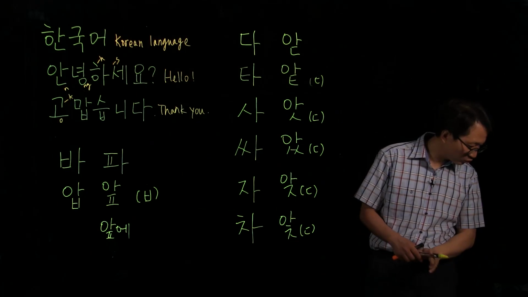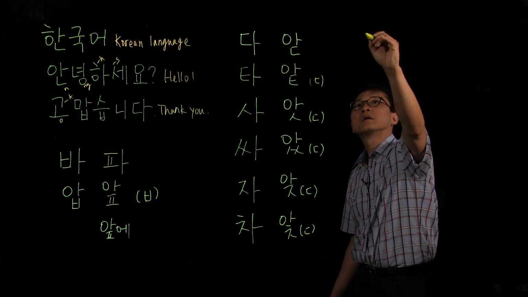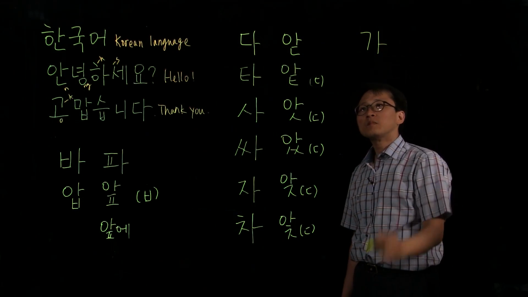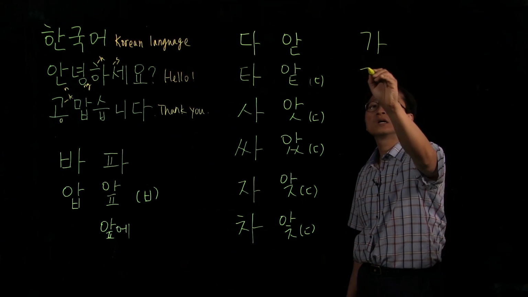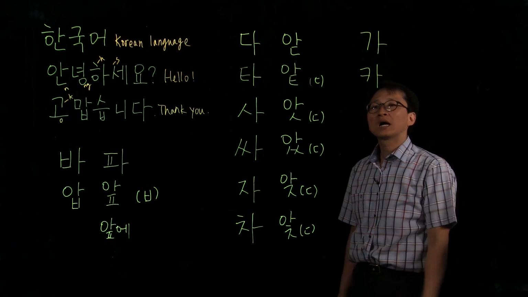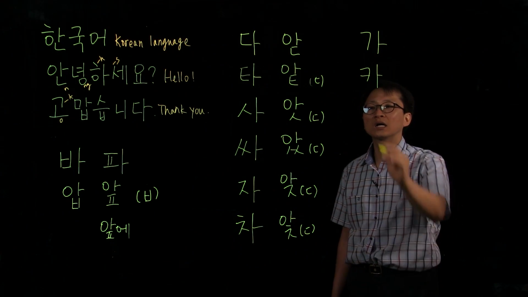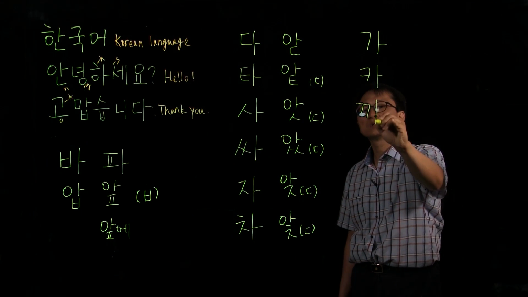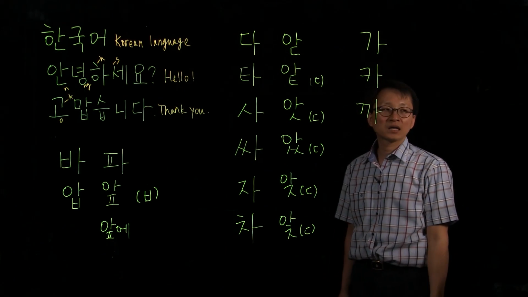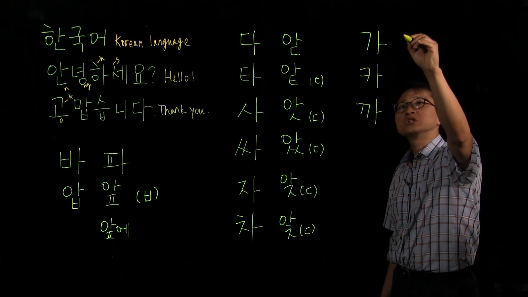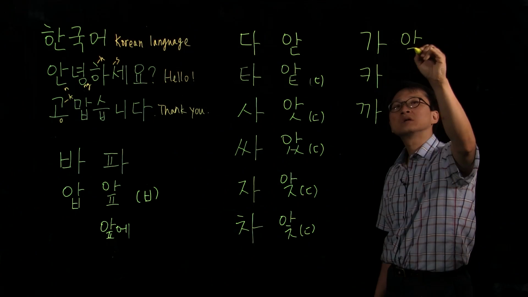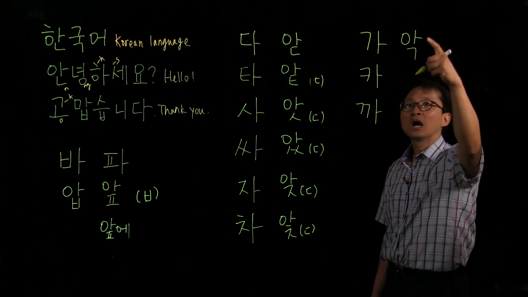And there are only three more things. How do you read this? Ka, ka, right? And what about this? Ka, ka. And what about this? Ka, ka. So let me write them at the syllable final position. How do you read this?